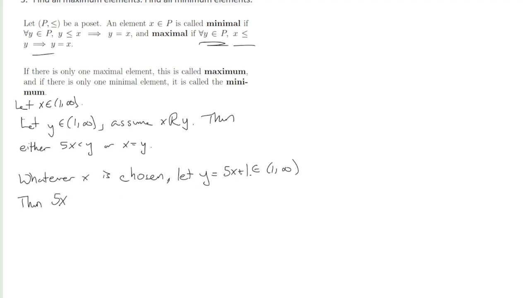I need that backwards. Let's get an eraser here. I need that 5x minus 1, I think. Let's try this out. That doesn't seem right. Let me see here. Whenever x is chosen, let y be 5x minus 1.